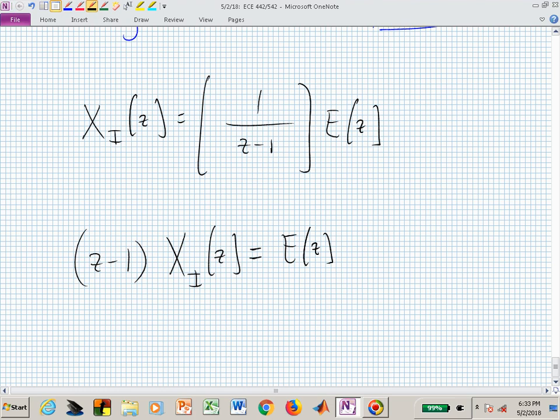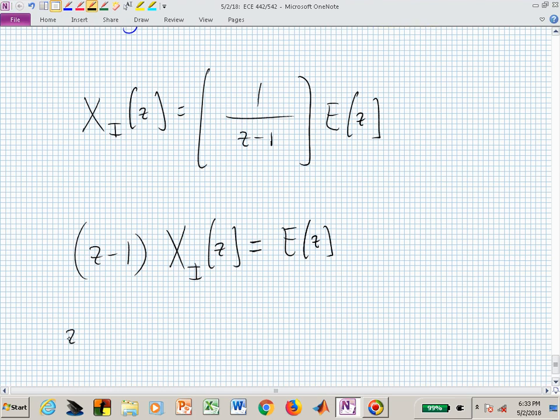But you now have a relationship in the frequency domain between this error signal E, Z transform, and this new variable, Z transform, capital X sub I. Or this is now z X sub I of z minus X sub I of z is equal to E of z.